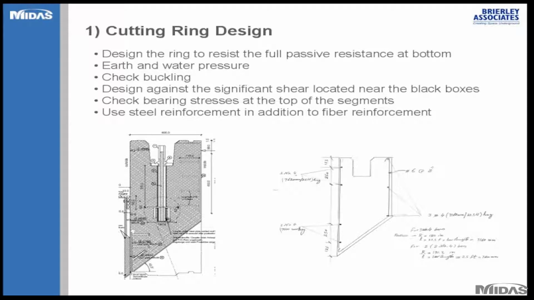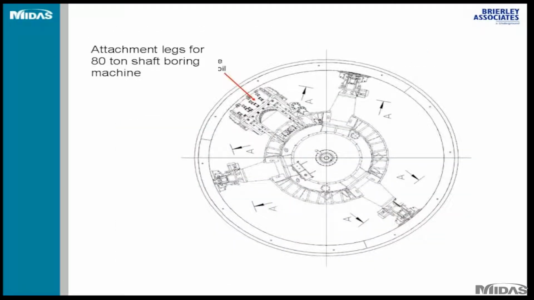You remember I showed before, let me go back very quick here. As you see here, the boring machine is attached by these three legs via some bracket or steel blades attached to actually two segments.